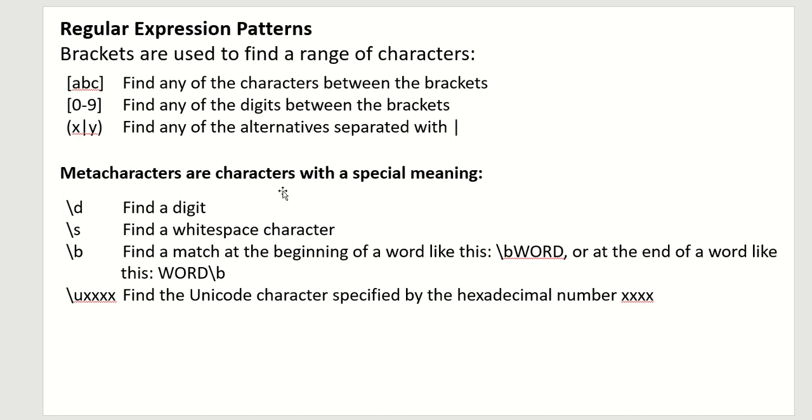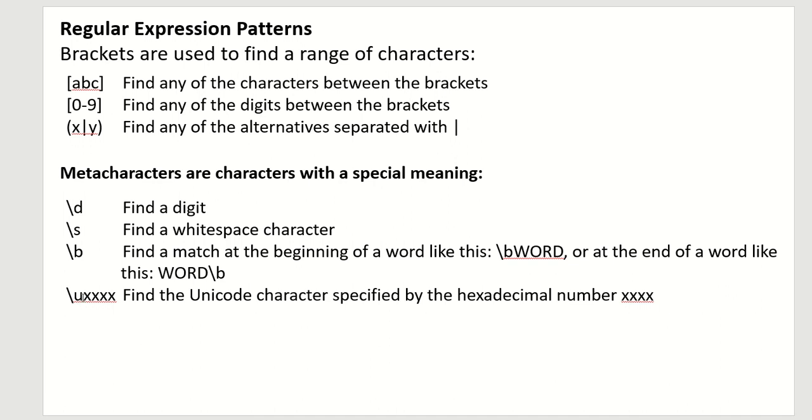Metacharacters are characters with a special meaning. We have slash d that will find a digit, slash s that will find a white space character, and slash small b will find a match at the beginning of a word, like slash b and then your word, or at the end of a word, like the word and then slash b.